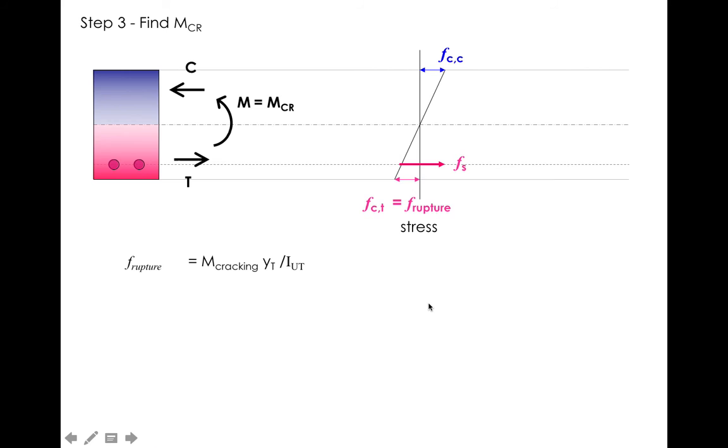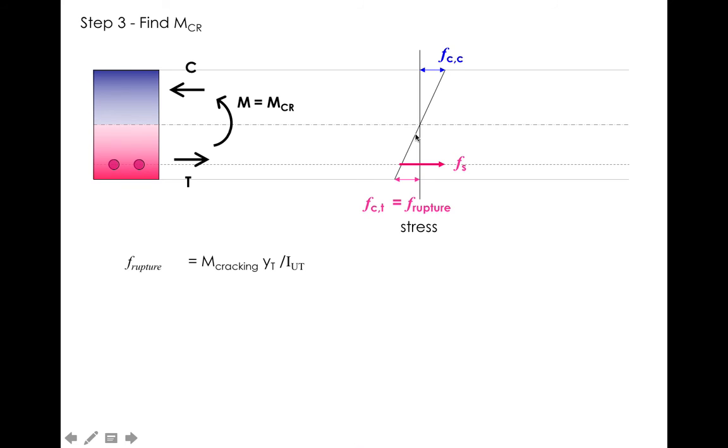Now, what am I going to do with that piece of information, both Y bar and I uncracked transformed? I'm going to use it to find out what is the moment that would cause this situation here for the stress in the concrete in tension to equal F rupture, otherwise known as the tensile strength of the material. I know the strength of my material. I want to know what is happening in my beam when I've reached this point.